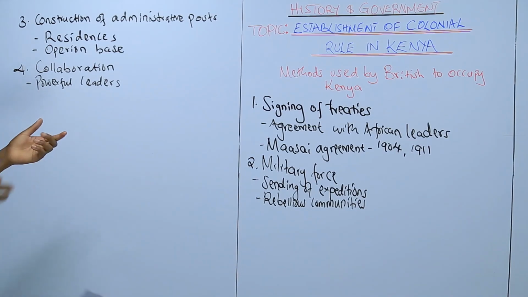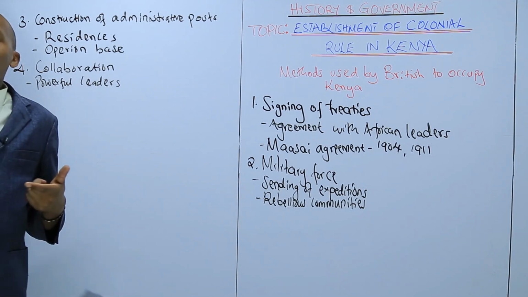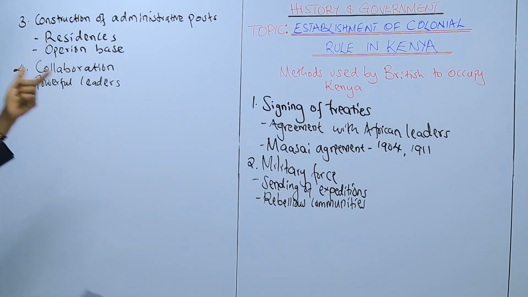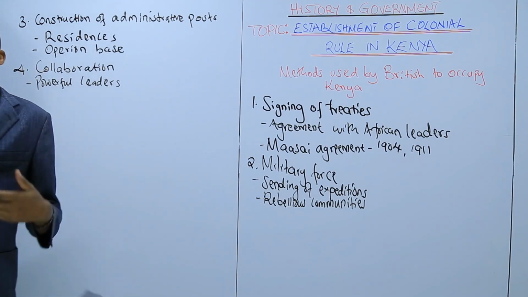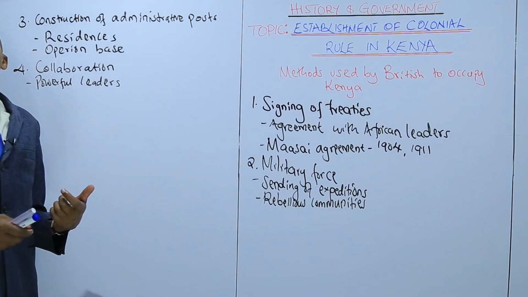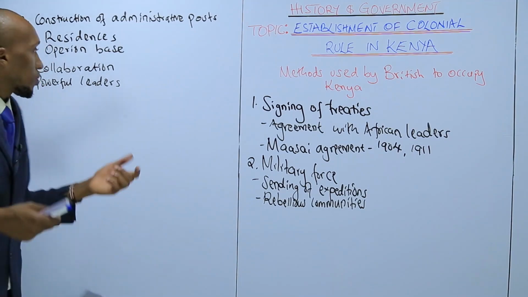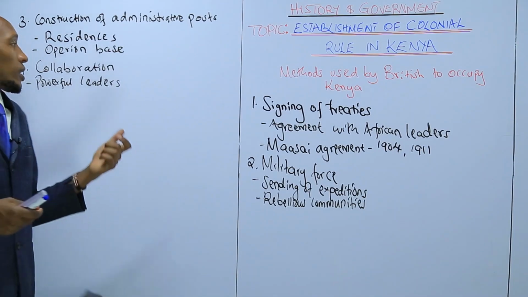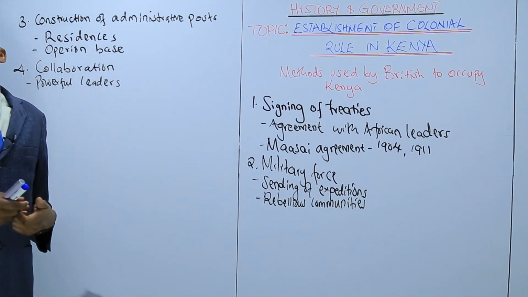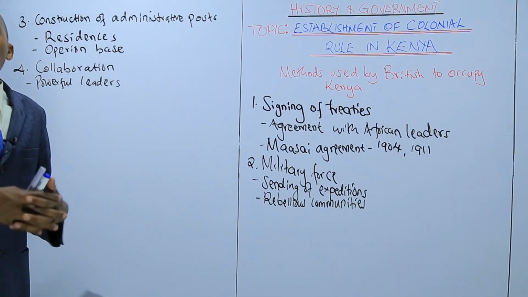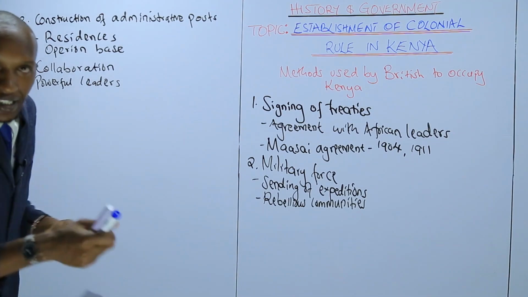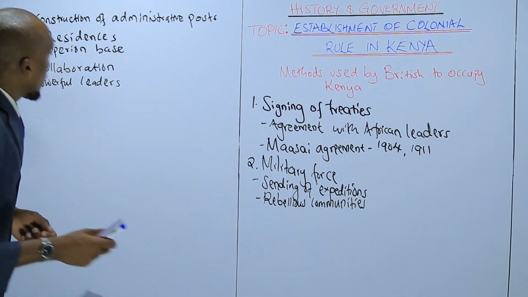So through these leaders, the British were able to exert even taxes and protection. They offered protection to the African leaders, and the leaders in turn ordered their people to cooperate and work together with the British.